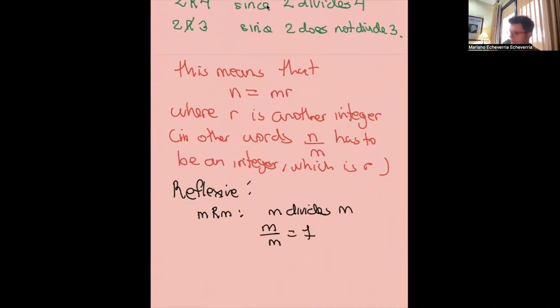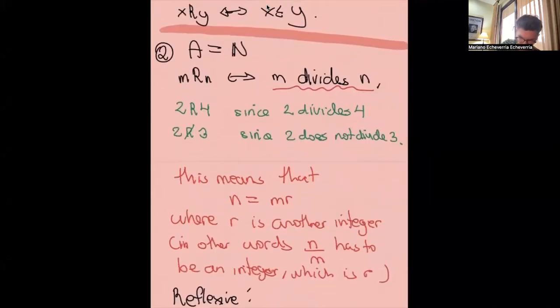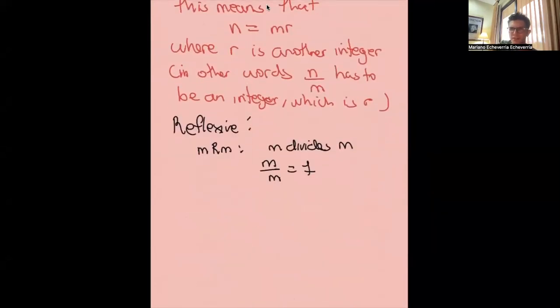Just to make our life easier and avoid silly cases, when I think about the integers, let's assume that none of them is 0. Let's exclude 0 for our mental sanity, so that you don't have to worry about division and things like that.